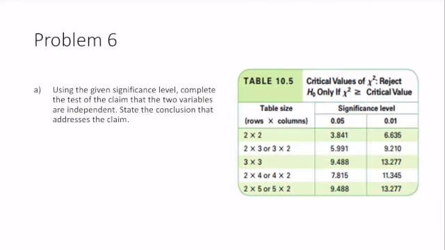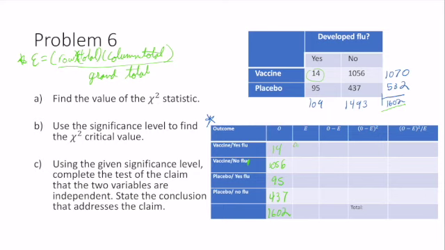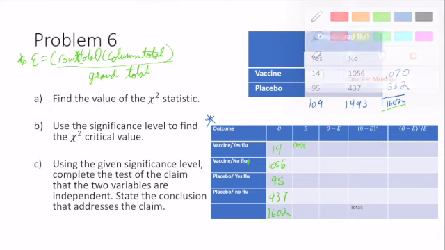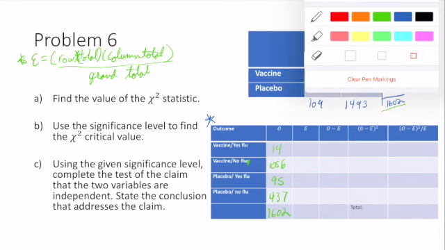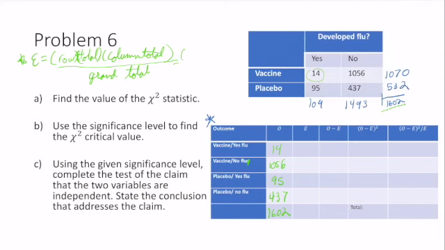So I take my row total, 1,070, that's my row total, times my column total, which is 109. I divide that by my grand total of participants in this study, which is 1,602, and I get an expected value of 72.8.